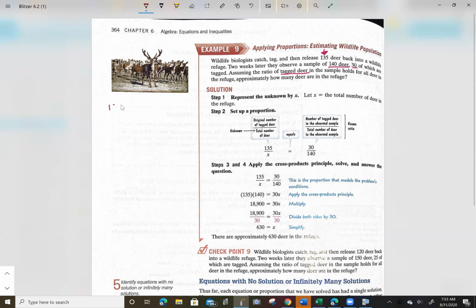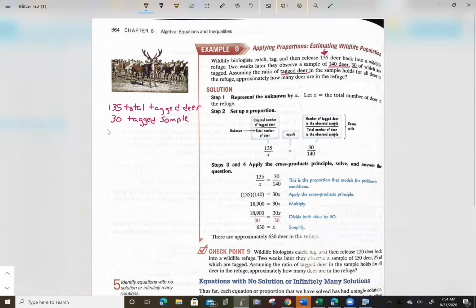So 135 total tagged deer. I'm just going to write out what I know. And then I know when they caught them again, they got 30 tagged in the sample.